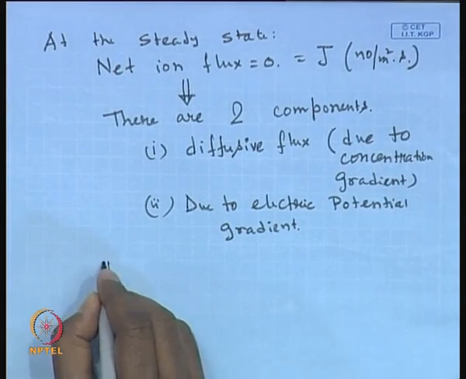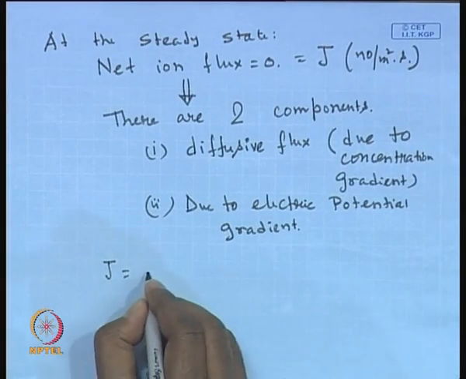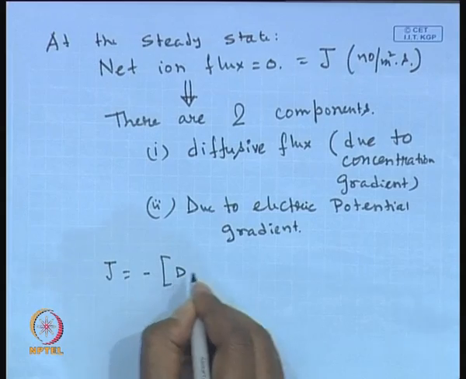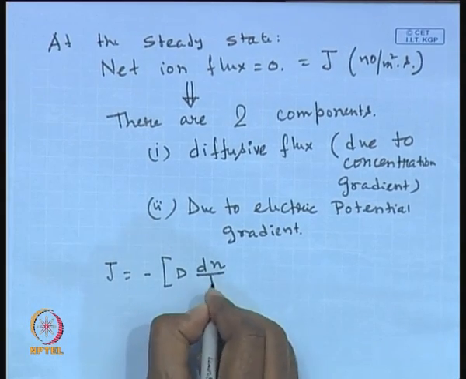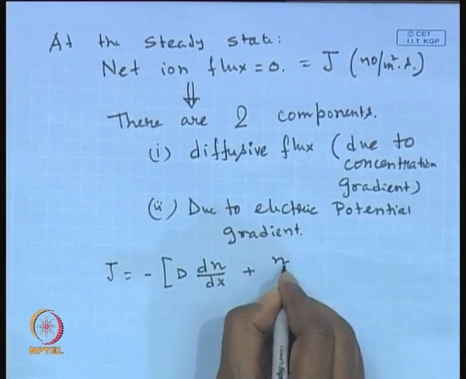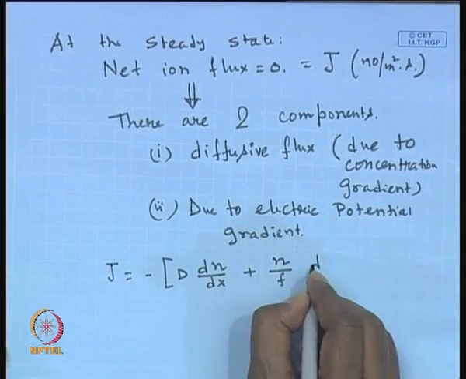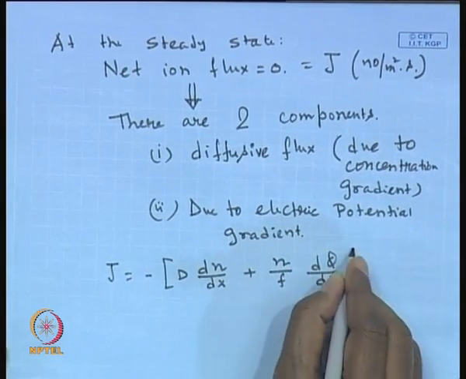So, if you write down the net flux equation at the steady state, it will be J equals minus dn/dx plus n/f d phi/dx. Okay.